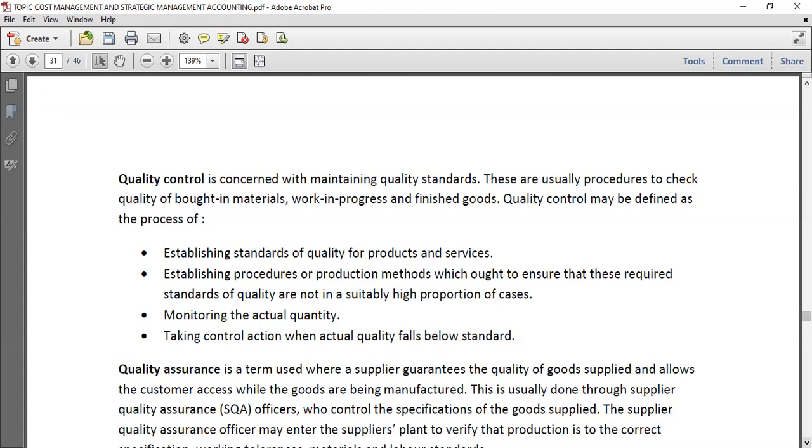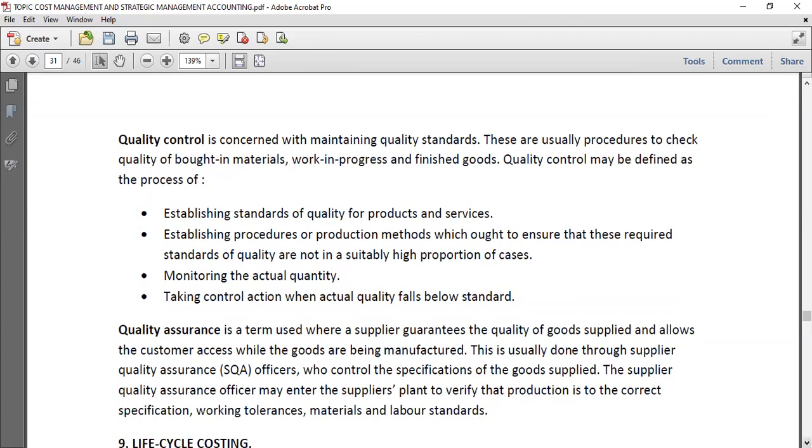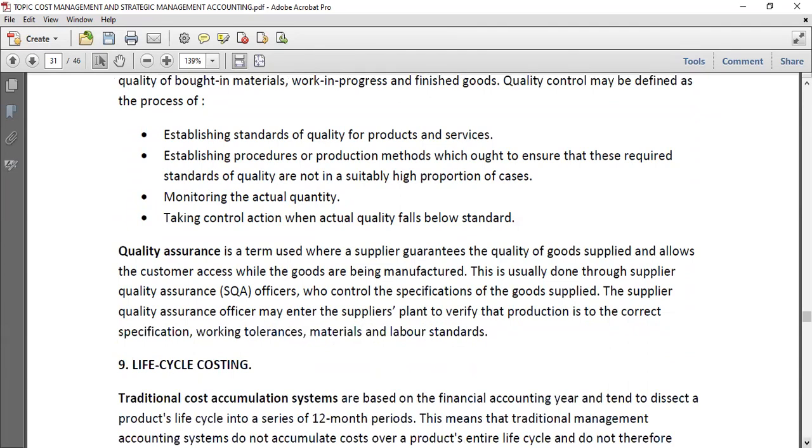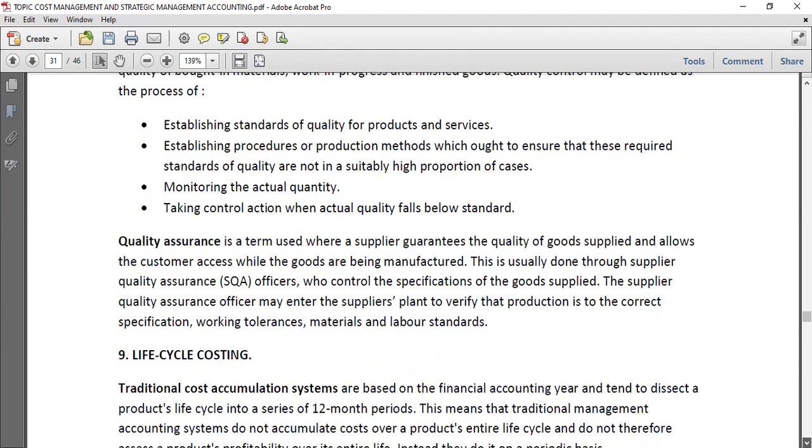So quality control is basically internal, but quality assurance is saying we are doing all it takes, so even the customer can access the whole process.